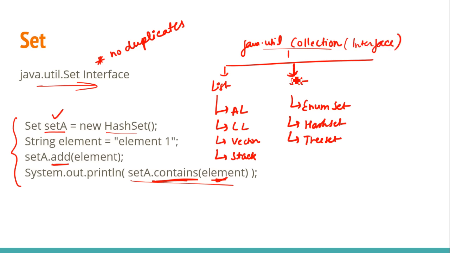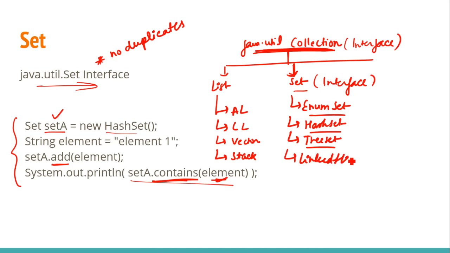Now set is another interface which is a subtype of collection. So the sense in which collection is used here is all the methods that are generic to this collection interface are by default part of set, and enum set, hash set, tree set and linked hash set, right?